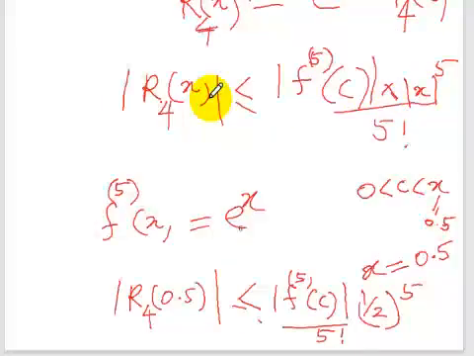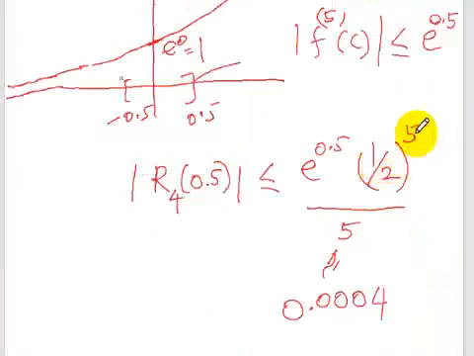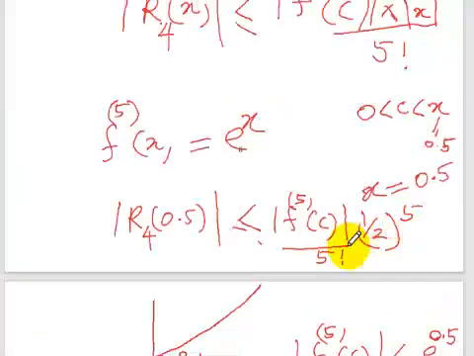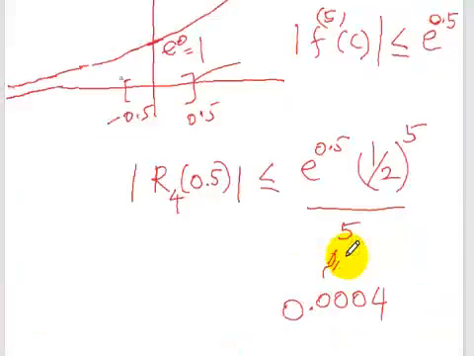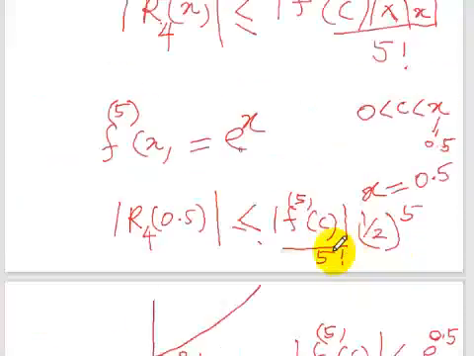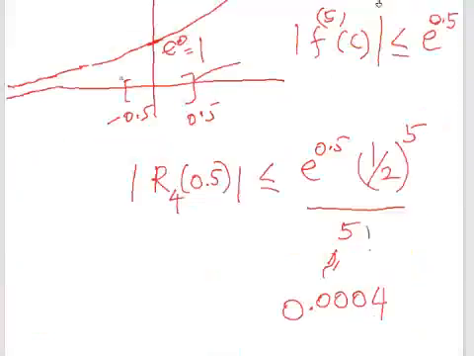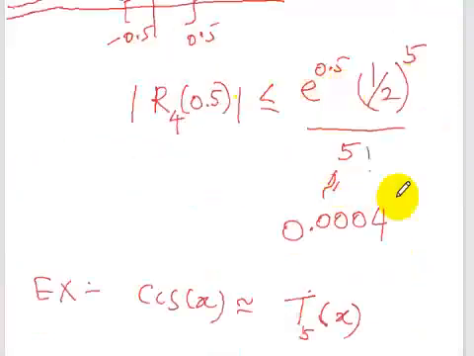This time we consider 0.5, that means 1/2, so 1/2 to the power 5 over factorial 5. When you calculate this number, you will get something like 0.0004.